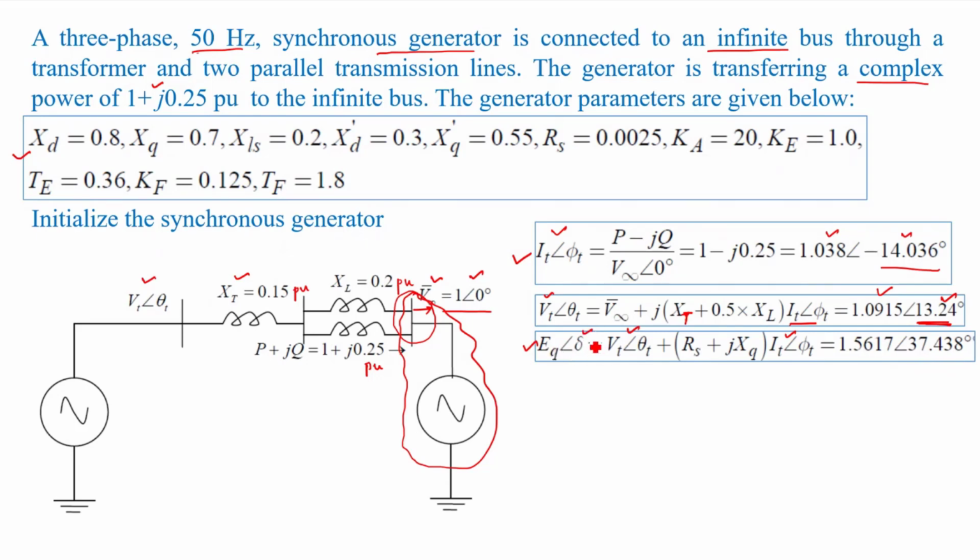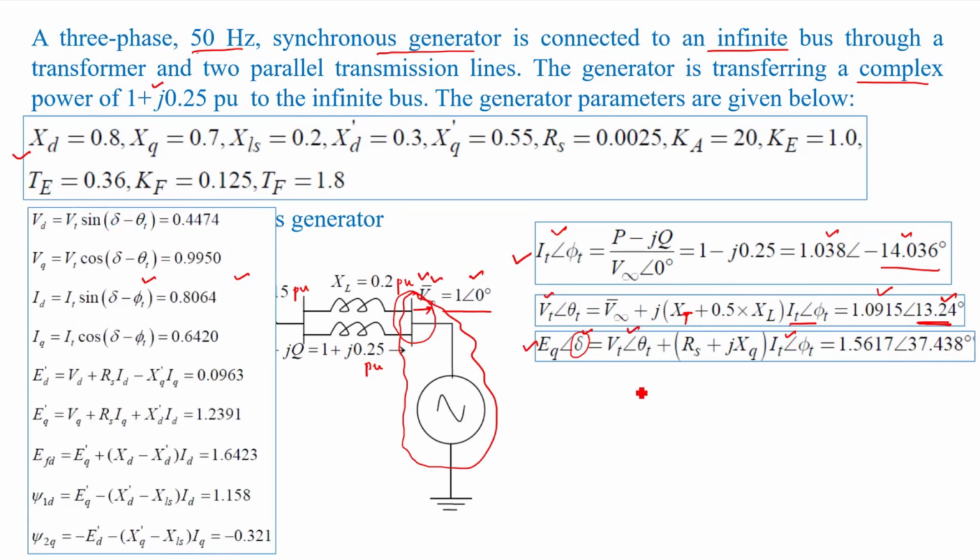In our analysis, it is necessary that this delta is with reference to the common reference, so this angle is also with reference to the common reference. Here the common reference is the infinite bus, right?